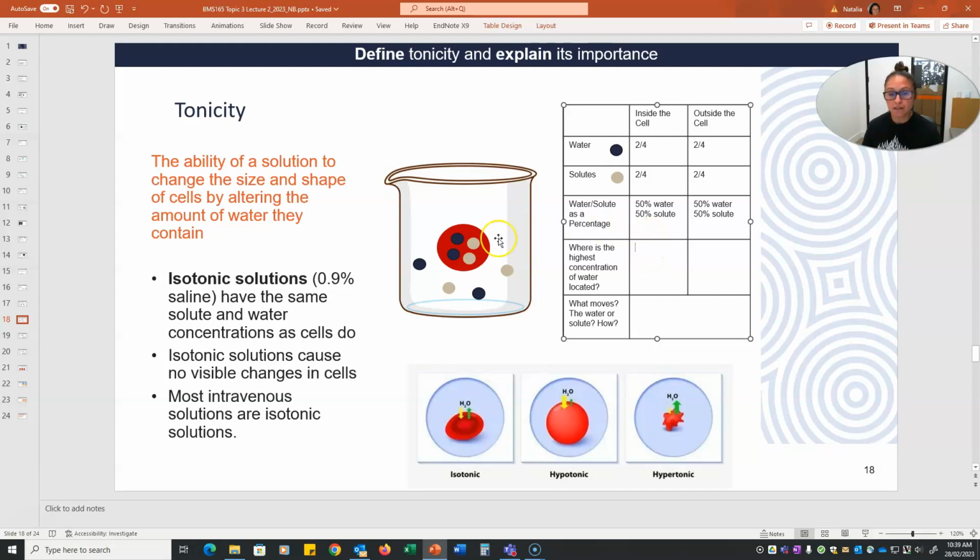Because our water concentration is the same on both sides, the concentration of water is equal inside and outside of our cells. They are both equal.